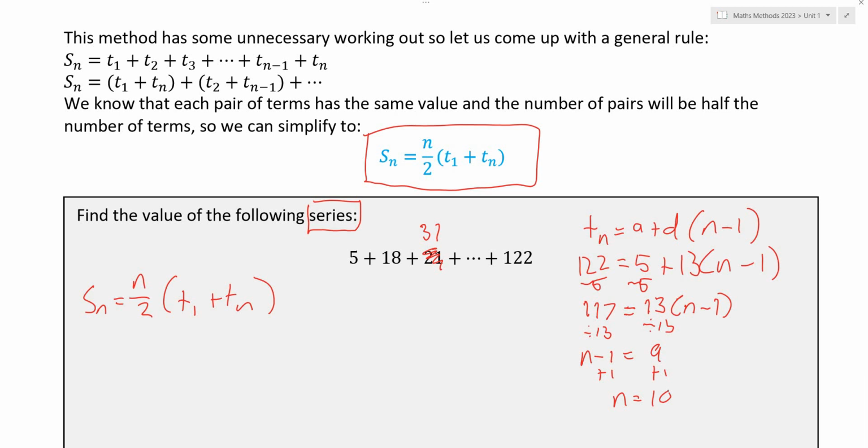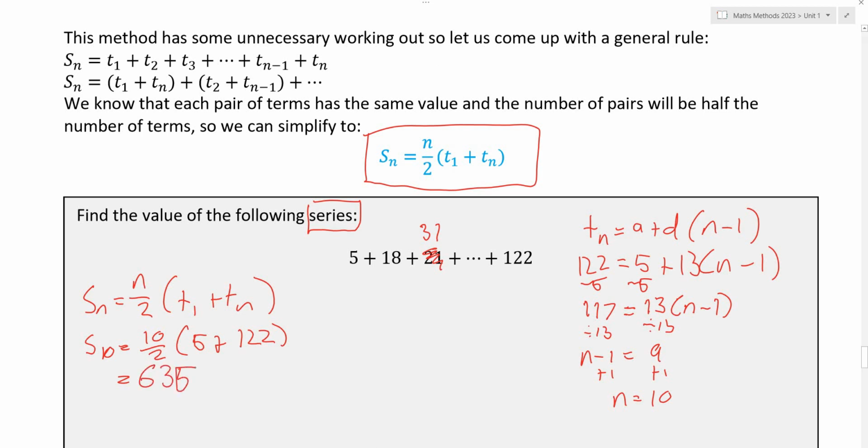Now that we have n, do we have everything we need to solve the sum of the sequence? So to find the series, in other words. S10 equals 10 over 2, bracket, 5 plus 122. So 5 times 127, and whatever that is is our answer. 635.